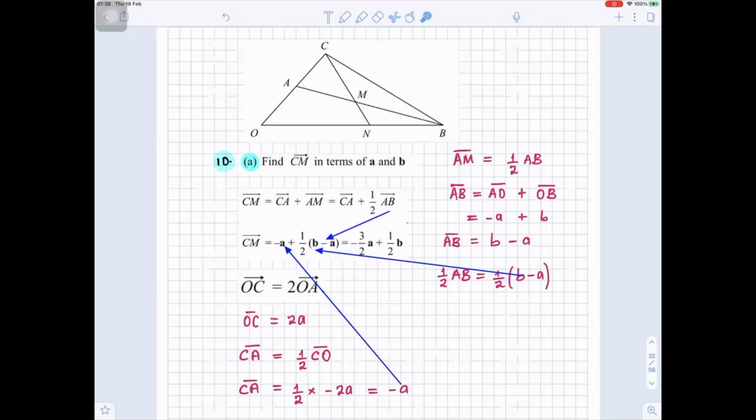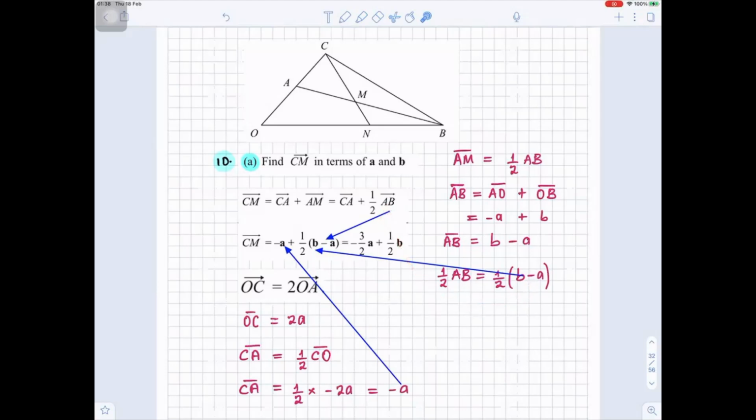Since we know AB, AM is half of that, so half of B minus A is our AM. And that is what we substitute in there for AM.